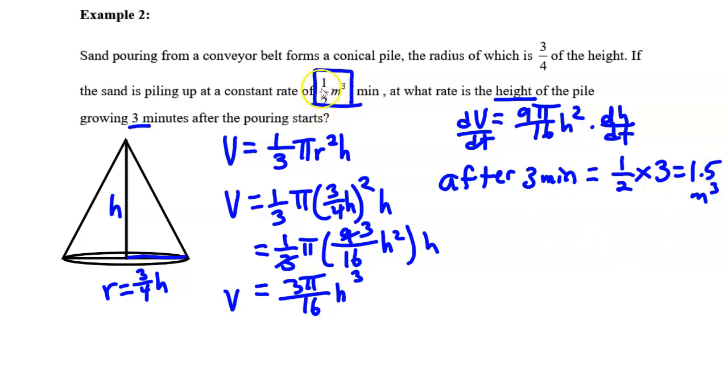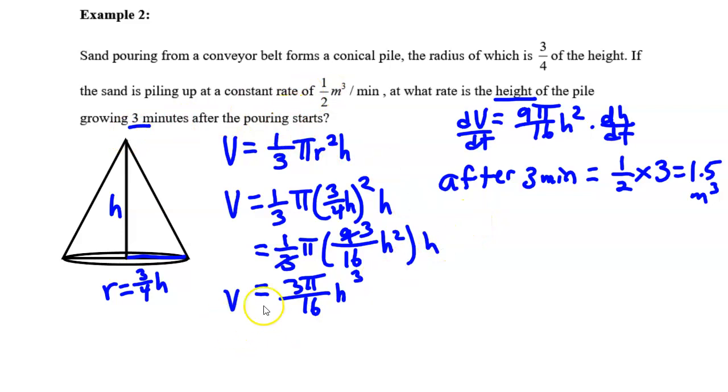I'm making use of the information that volume is being added to the pile at a rate of half a cubic meter per minute, and after 3 minutes, that would be 1.5 cubic meters.